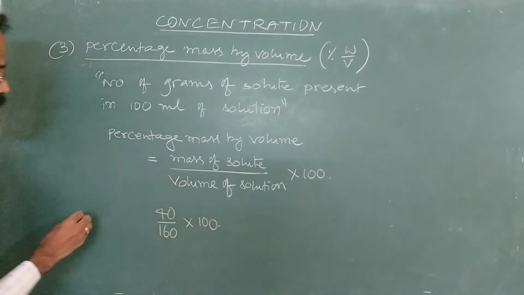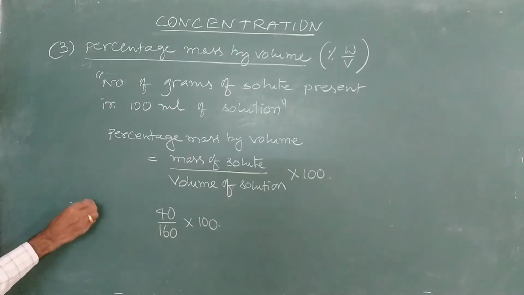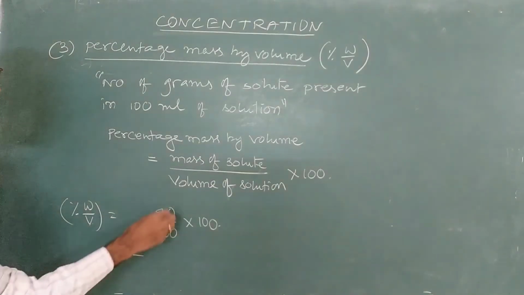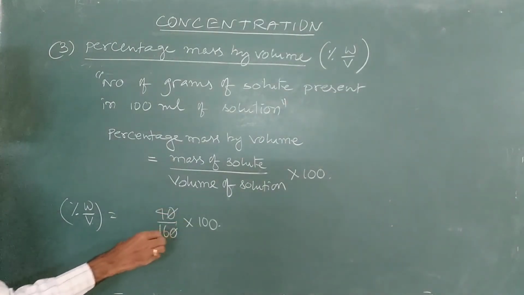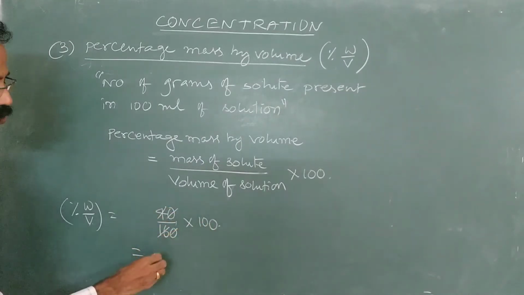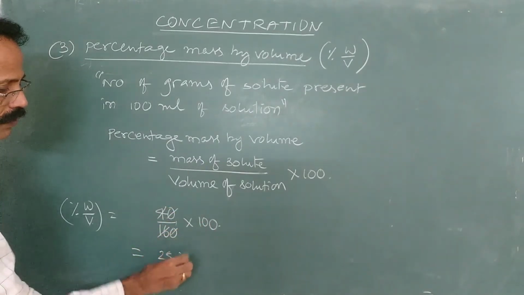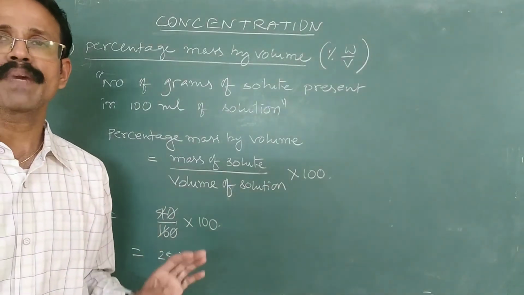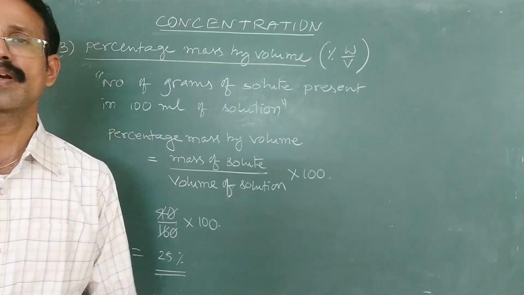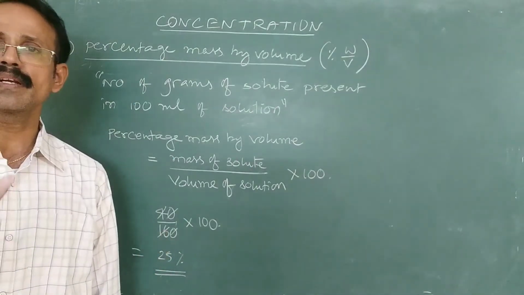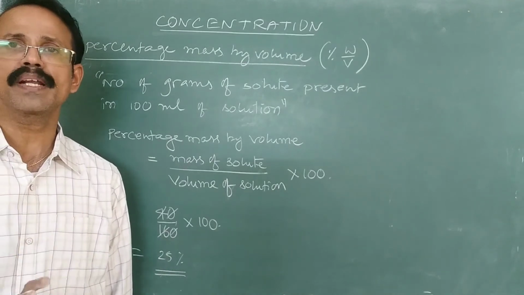Calculating, this cancels 4 times, so the percentage becomes 25. So this is a 25% mass by volume solution. If 40 grams are present in 160 milliliters, then 25 grams of solute will be there in 100 milliliters of the solution.